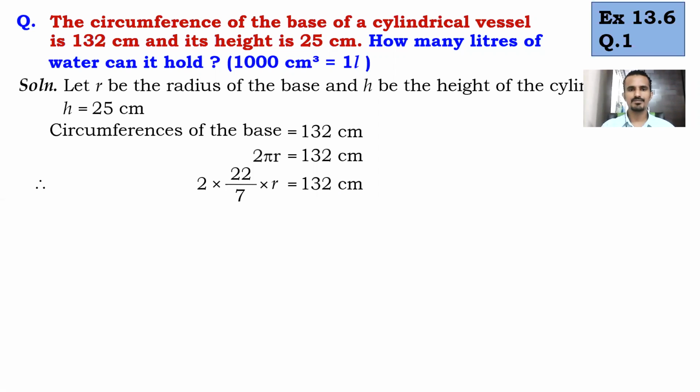To find out the radius, we first shift this 7 to the right side. The 7 will go in the numerator and 2 into 22 will be in the denominator. So we get r is equal to 132 multiplied by 7 upon 2 into 22. Do this cancellation and tell me what radius you are getting.